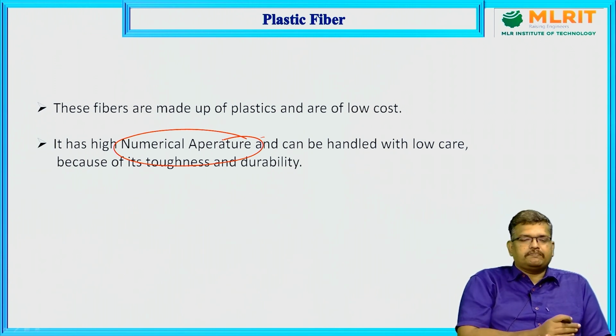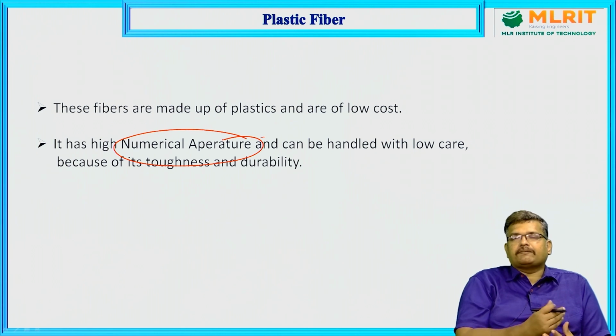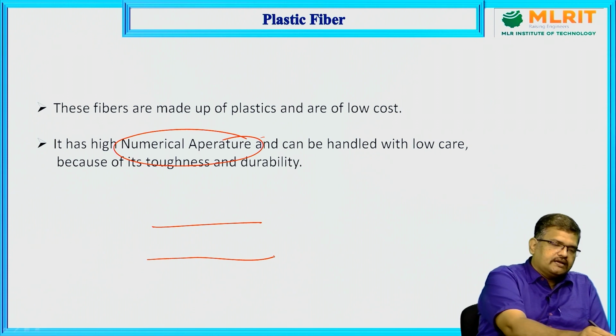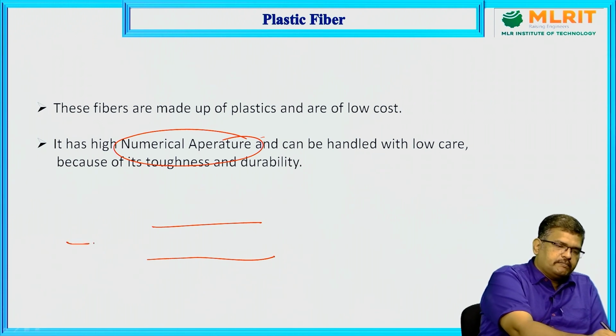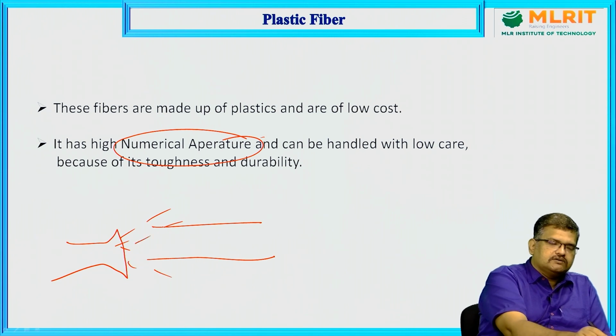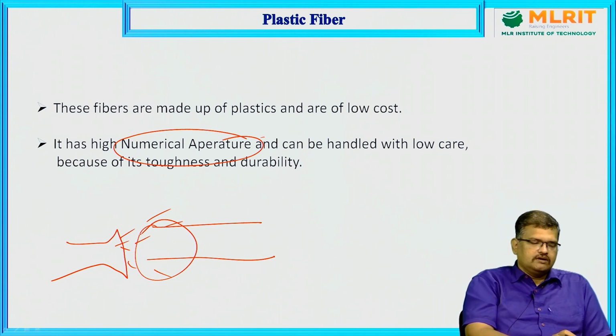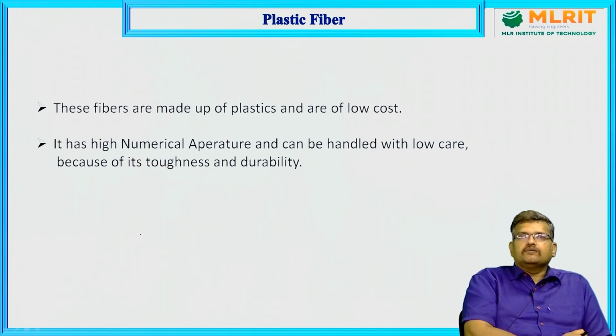The numerical aperture is the light collecting capability. Here we have the core, and some light signal is propagating here. The maximum light collecting capability is what we call the numerical aperture, the quantum of light information.